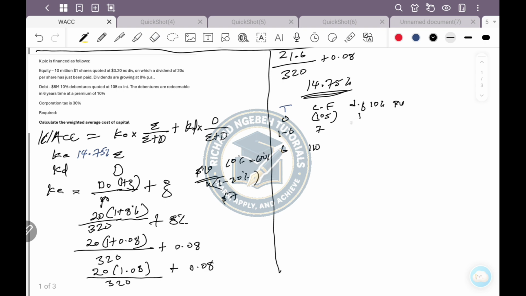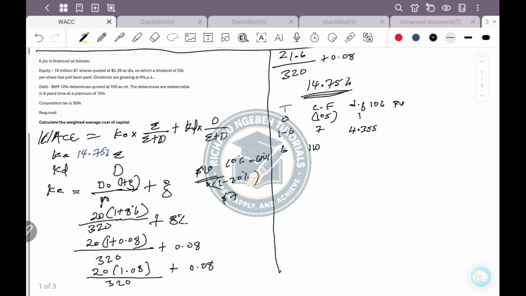And when you do so, you'll be able to get 4.355. As long as the cash flow is constant, use the annuity factor.